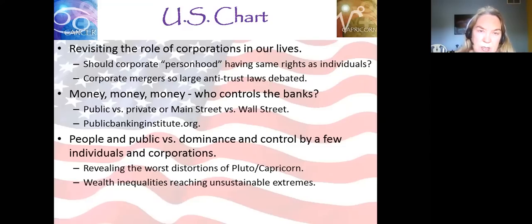And ever since then, it has been by the corporation, of the corporation, for the corporations in our country. So will we have some mergers that go on that just get to the point where people say no? If you look at all these huge tech companies, there are Democratic candidates that say we need to break up Facebook. We need to break up the social medias. Stay tuned. I already spoke a little bit about the whole money thing.